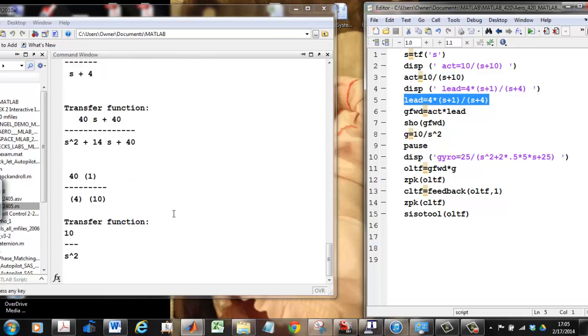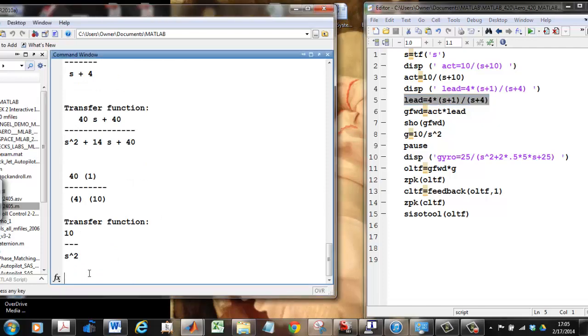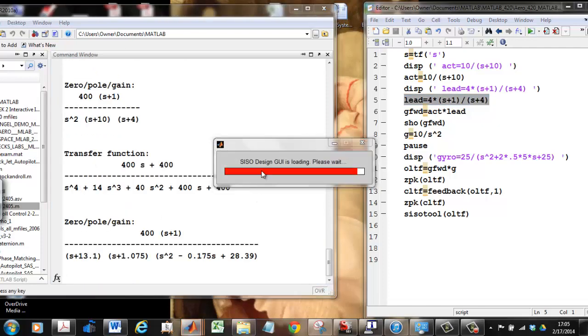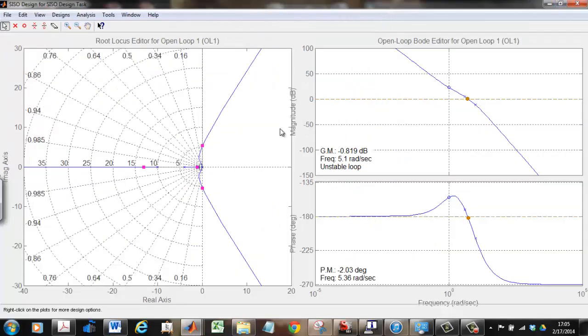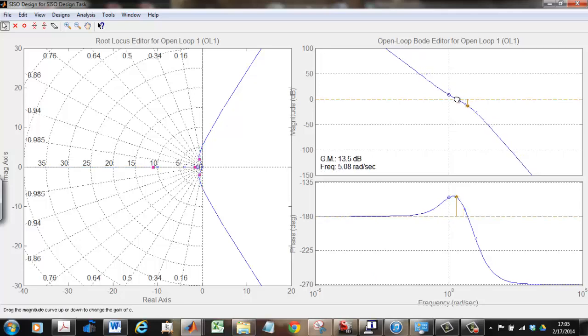So if I were to run this in MATLAB with Sisotool, and now look, I would see that, again, if I close the system with a gain of 1, it looks like I have a root right on the j omega axis. But if I go over to my Bode plot, I see that if I lower the gain slightly, I'm going to get some phase margin.